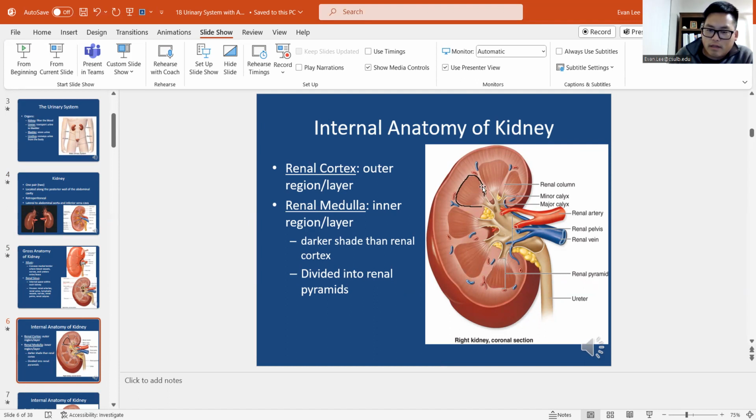All of those darker colors collectively make the inner layer called the renal medulla. So the cortex is always the outside, the medulla is always the inside, and you can see that the colors are a really big indicator of which layer we're talking about.